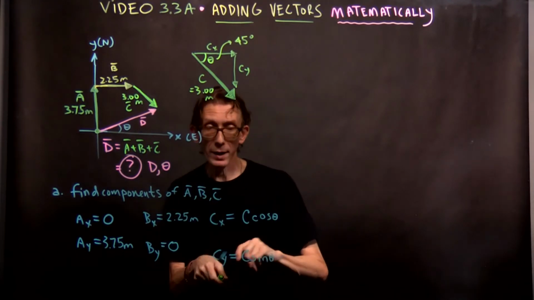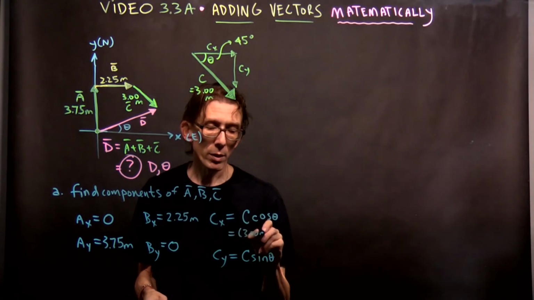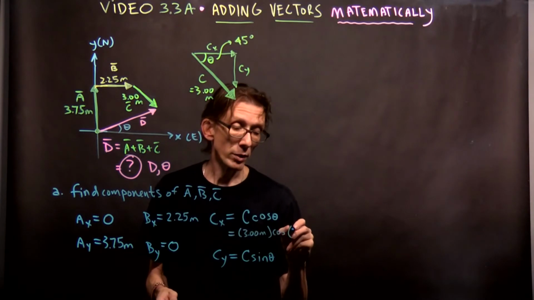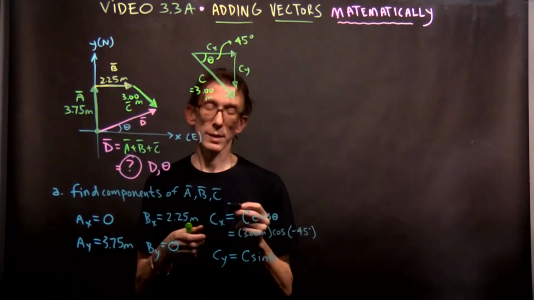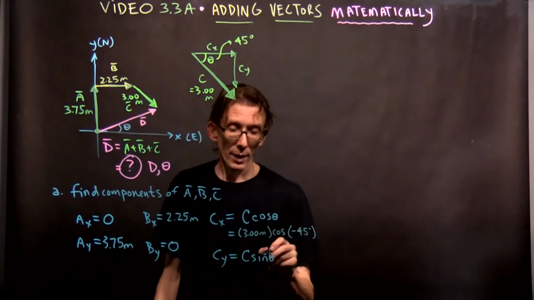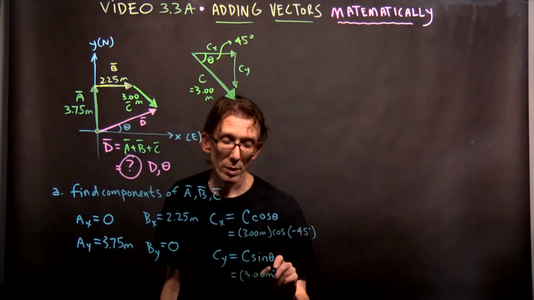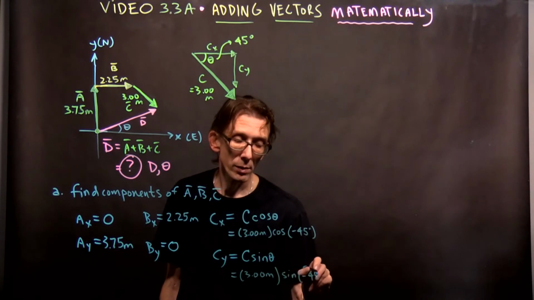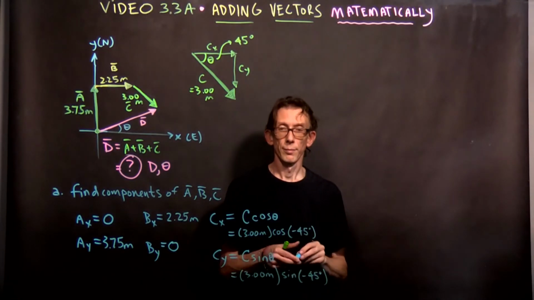So Cx is equal to 3.00 meters times cosine of, actually it's negative 45 degrees because it's down below the x-axis. And then Cy is going to be 3.00 meters times sine of negative 45 degrees. Okay.